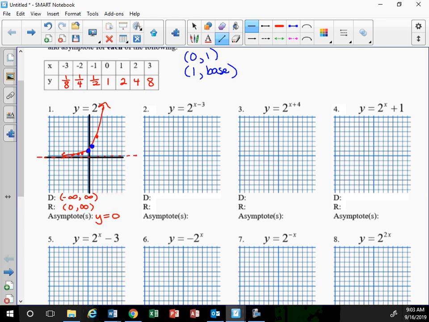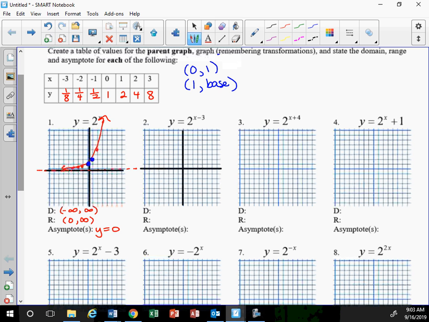So let me draw in my X. Okay, so every time I want you to, and you can use different colors if you want, put these 2 points on there, so that you can see where your graph starts. So 0, 1, 1, base. I'm going to put 2 dots at 0, 1, 1, 2. Not connecting them. I'm not doing anything else with them. I'm just putting 2 dots.